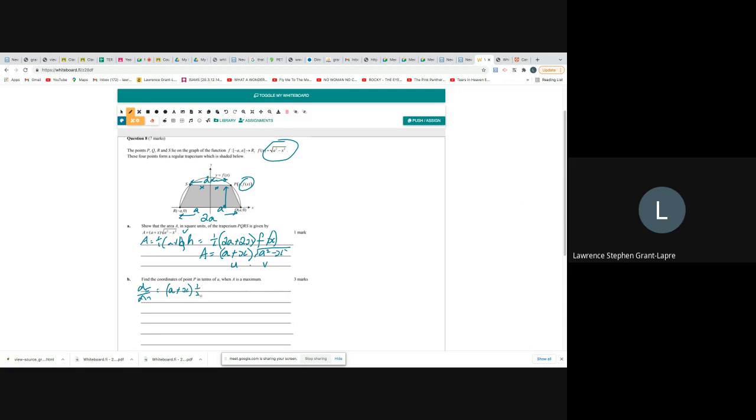So that would be a half (a squared minus x squared) to the power of negative a half, times the derivative of the bracket, and plus, the derivative of a plus x is simply 1. So that is a squared plus x squared.